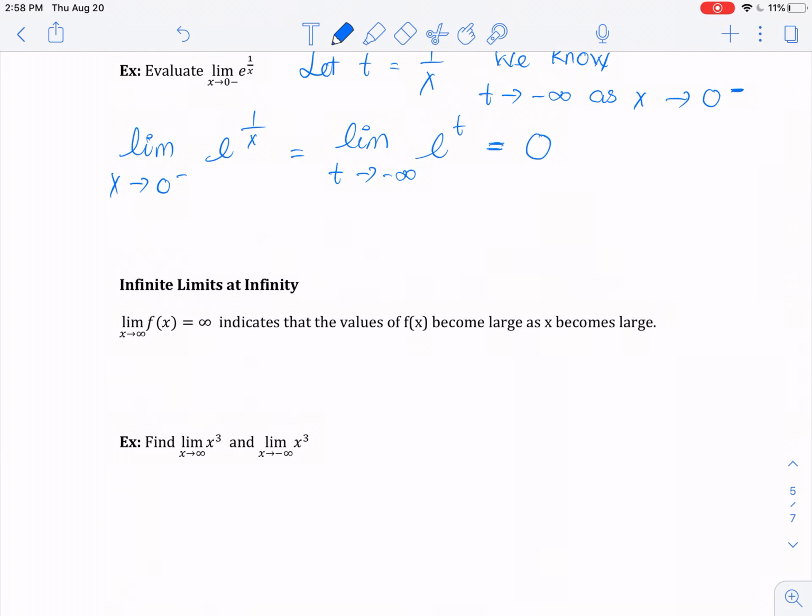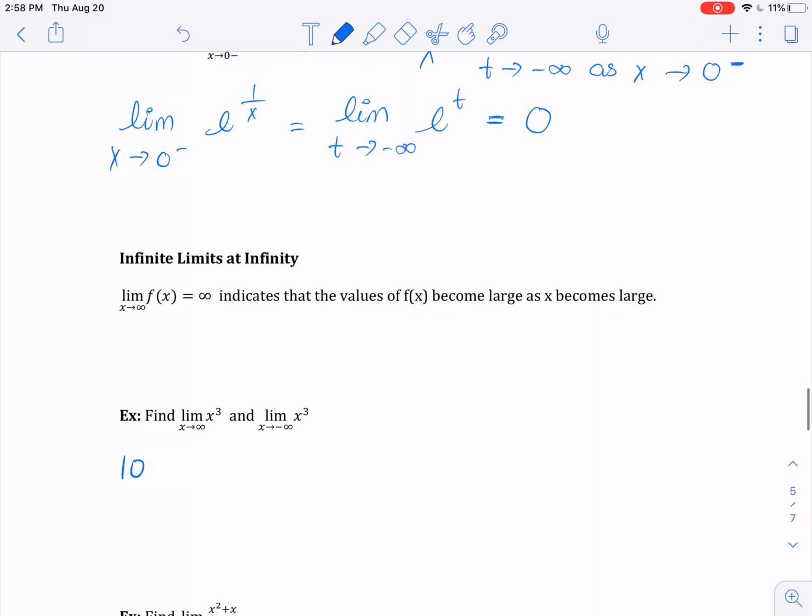If I just guess and make a table, 10 cubed is going to be 1,000, and 100 cubed is going to be 1,000,000. You see, it becomes large as x becomes large. So we know that both of these are going to be infinity.